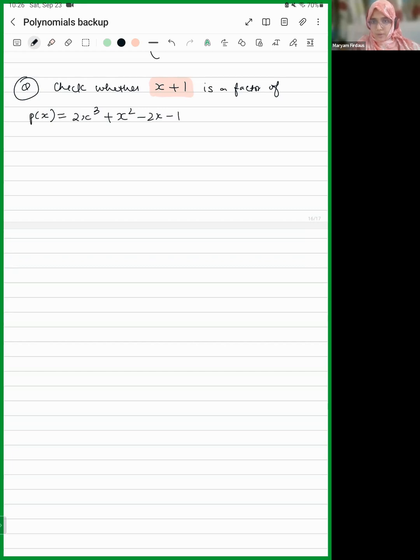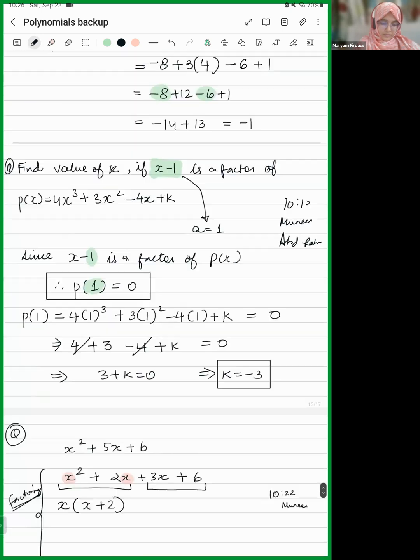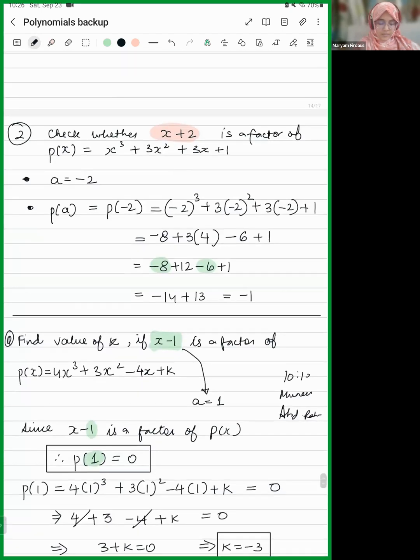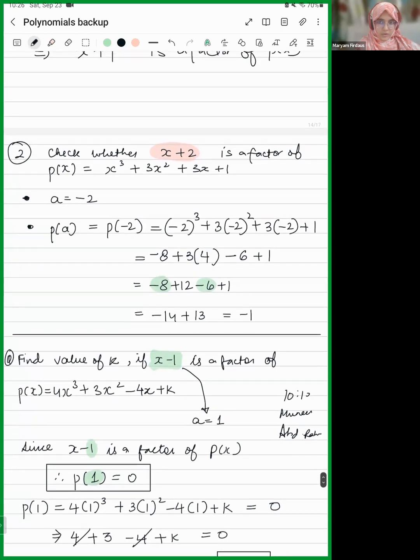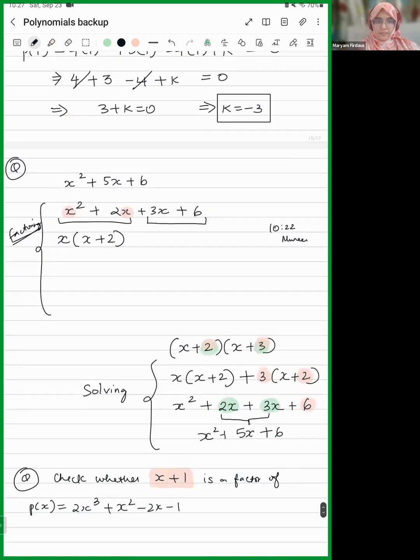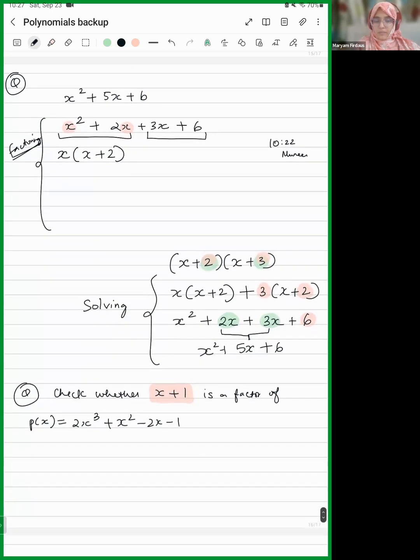We did this question just now, I think. No, it was -1. I just forgot to put the minus. So it's a factor again. And the third one is again a factor.